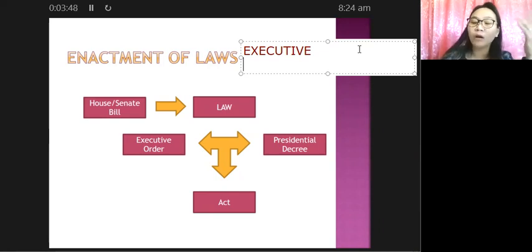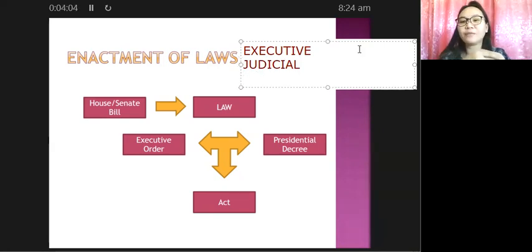All of these public officials belong to the executive department. Another branch of the Philippine government is the judicial branch. What are the different offices and public officials that belong to it? It starts with the Supreme Court and the other justices in the Supreme Court.